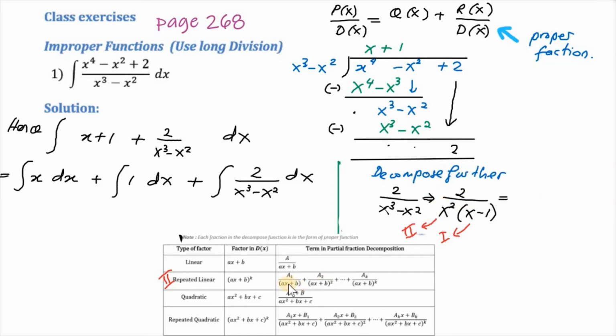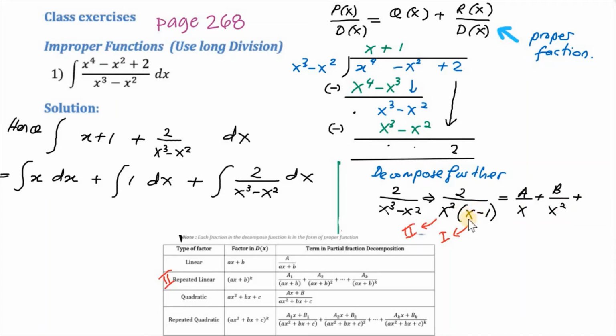It's a form of power increasing order of our denominator. Let's call the constant over there a, so it's a over x. And because this is x squared, repeating twice, the numerator will receive a constant b over x squared.